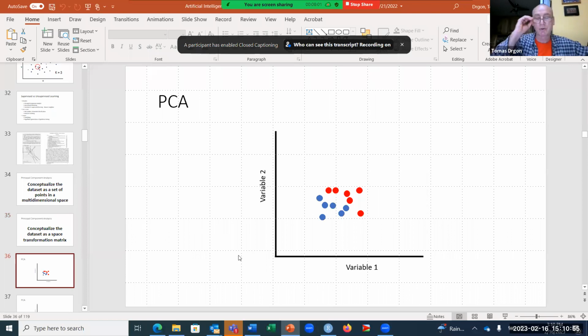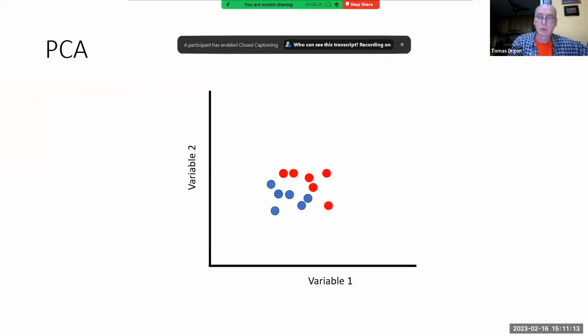Just to give you a very rudimentary and in a way incorrect view, to demonstrate the point, I'm reducing this multidimensional space into a plane with two variables.